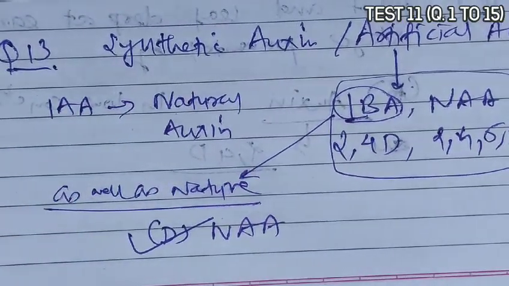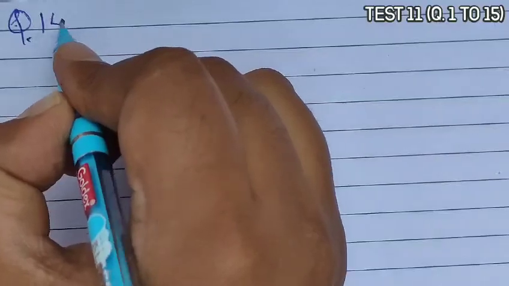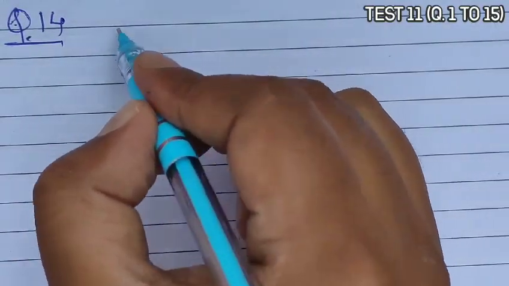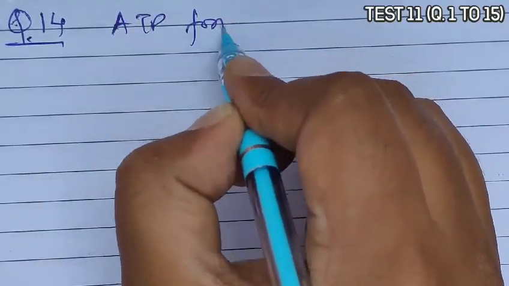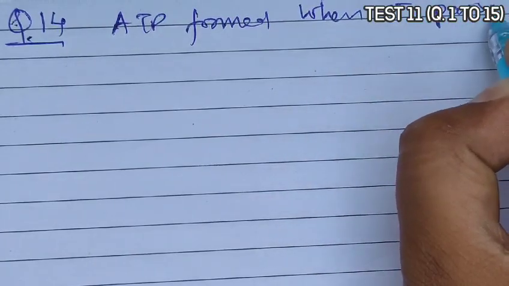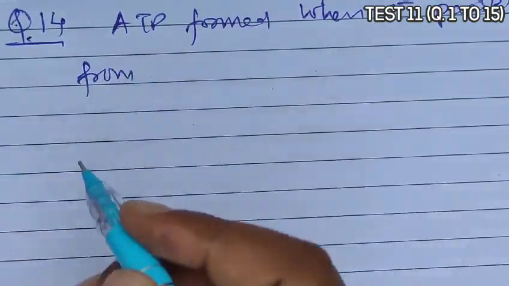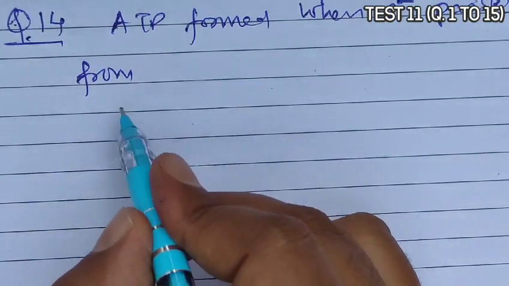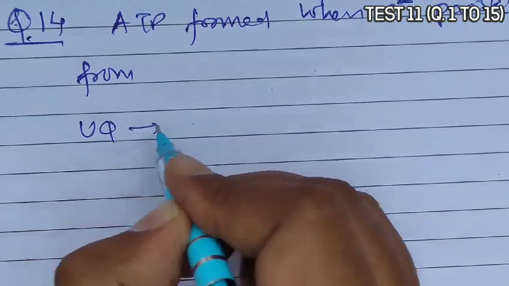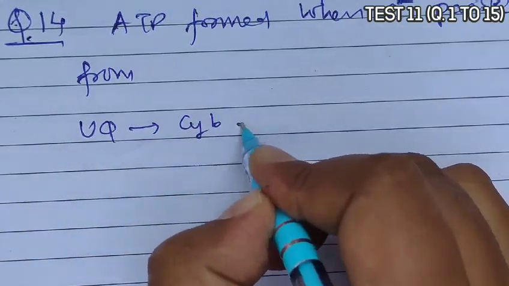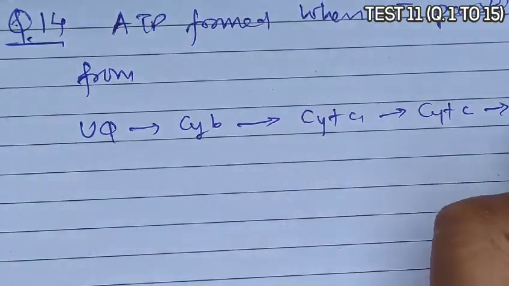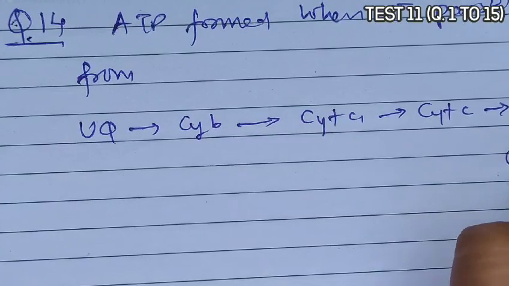Question 14. Question 14 asks that a molecule of ATP is formed when electron passes from. Now you know that here electron passes in a sequence from ubiquinone to cytochrome B to cytochrome C1, then to cytochrome C, then to cytochrome A, and then to cytochrome A3.